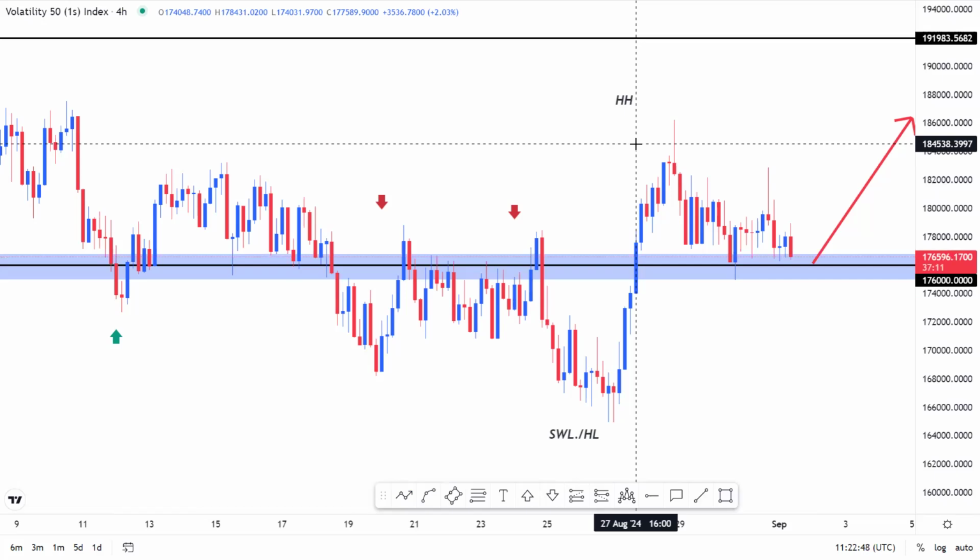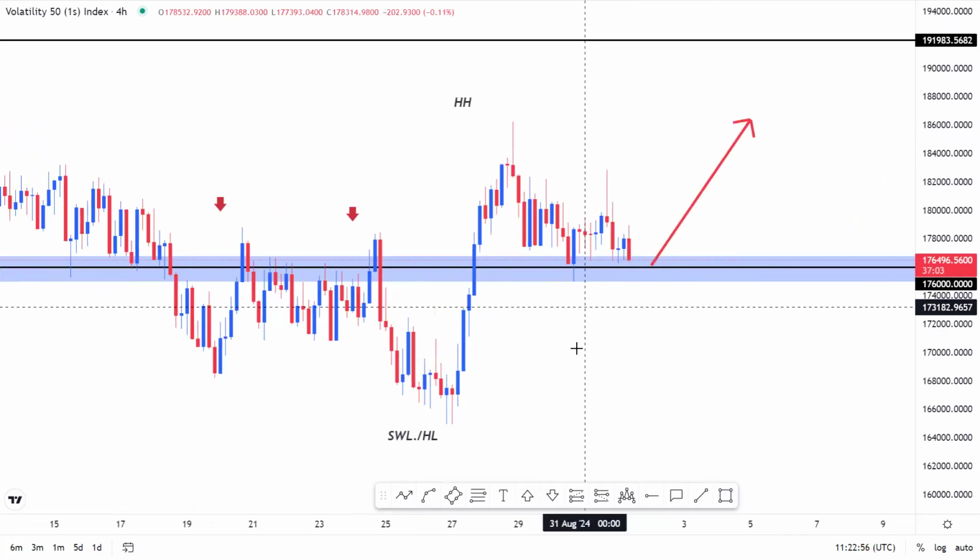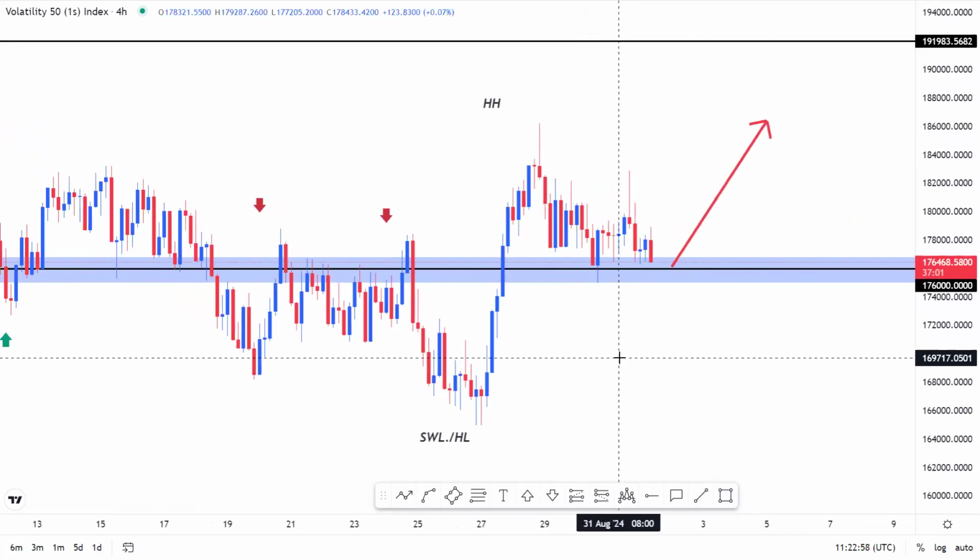Correlation being the fact that I always want to have the lower time frame trend bias in line with the higher time frame bias.